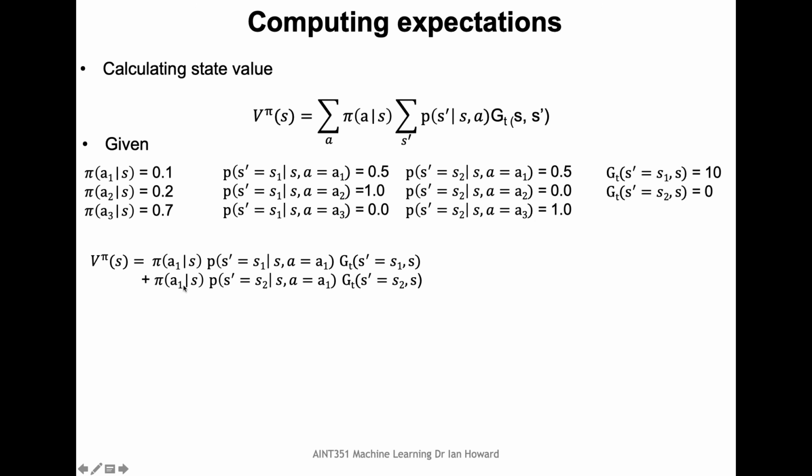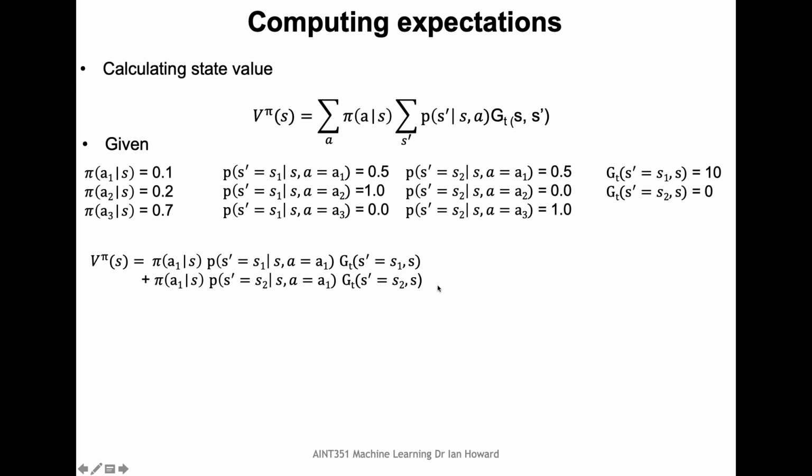So let's start off with A1. When we take action A1, it's the probability that we end up in state S1 multiplied by the gain we get from going to S1, plus the probability, again we take action A1, but we end up in state S2, multiplied by the gain we get in S2.